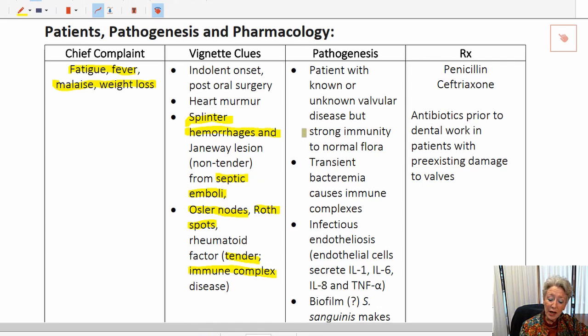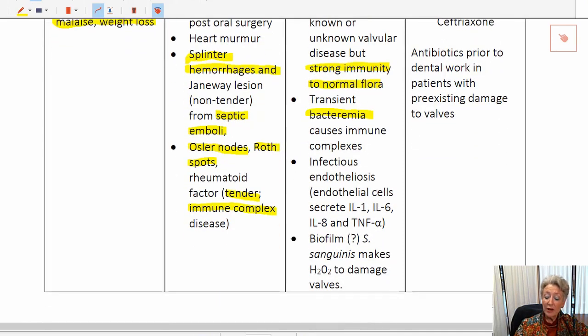But if something happens that diminishes that immunity briefly, then I can get this very transient bacteremia. And then what I see causing this group of signs and symptoms is really the damage to the endothelial cell that's causing the release of those classic mediators, interleukin 1 and 6, interleukin 8 and tumor necrosis factor alpha.